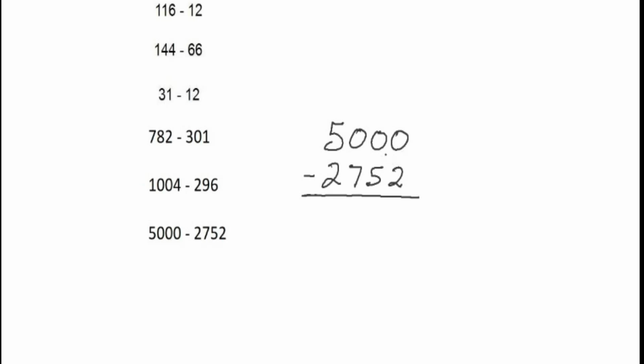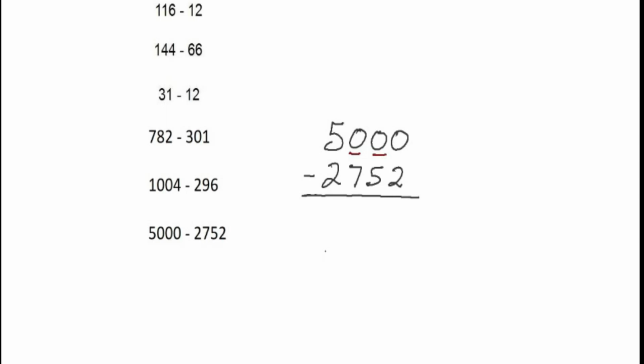Therefore, we must first borrow 1 from the number in the next column over, the tens column. But notice that that number is 0. We cannot borrow 1 from that number. So we have to move over to the number in the next column, the hundreds column. But that number in the hundreds column is also 0.